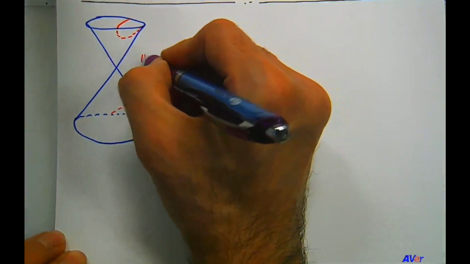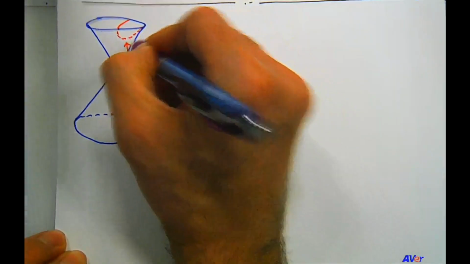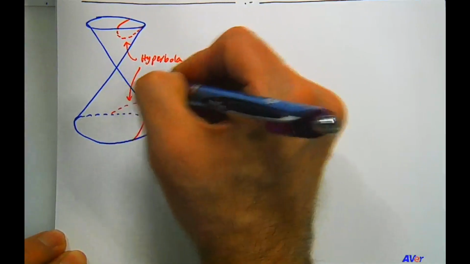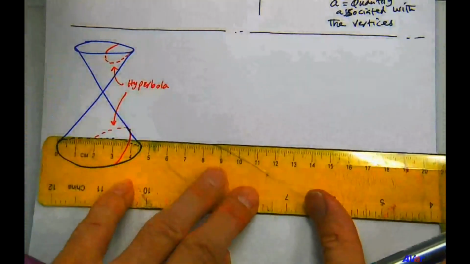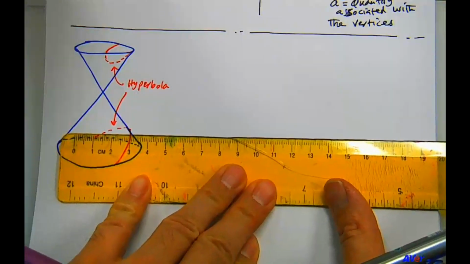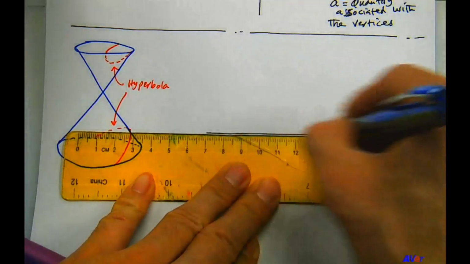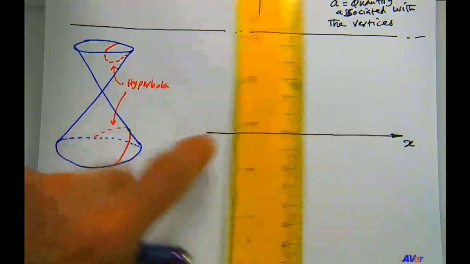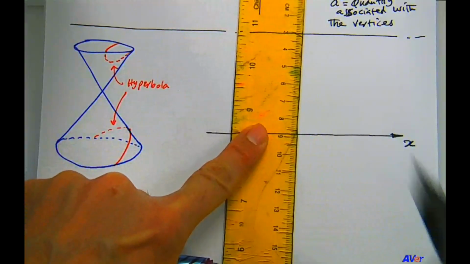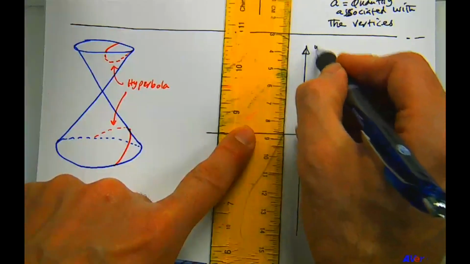So this would be that one and that one, these two together. So what is the anatomy of a hyperbola? Let's draw the basic anatomy of it at least. Here we have the horizontal axis, and of course the vertical axis.